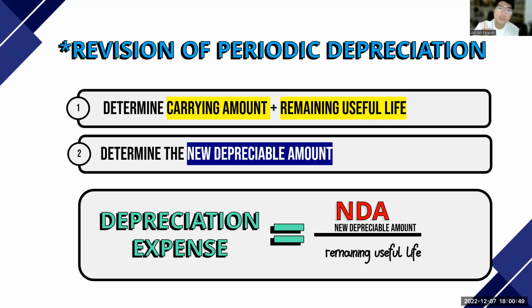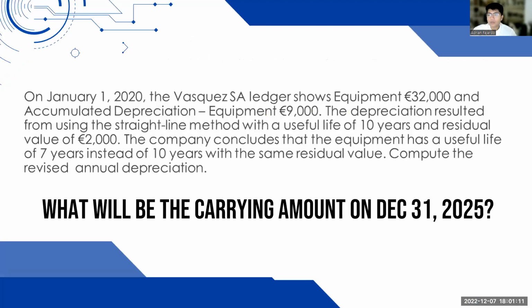Determine the carrying amount before the policy change, and then ano yung remaining useful life. And then from there, just solve as usual depending on what the change in policy is. So usually, you'll be asked to determine the new depreciable amount. So for simplicity's sake, yung change in policy is still straight line method. Meron lang silang change in estimates.